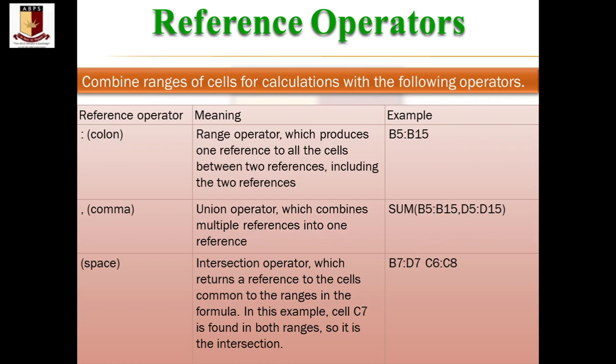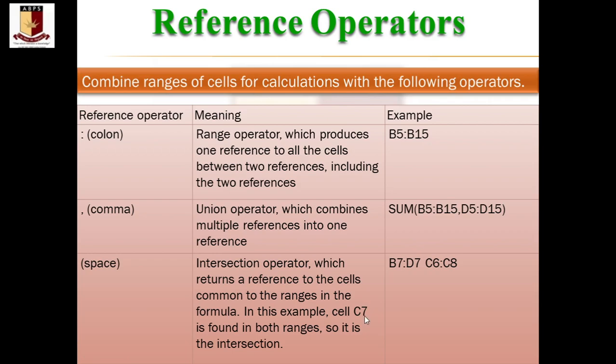I'll show you practically, then you will understand how it works. Just check this one, V7 to D7, and a space is there. This space is actually an operator. So the intersection of these two, V7 to D7 and C6 to C8, the common value is C7. So only the value of C7 will come in our result.